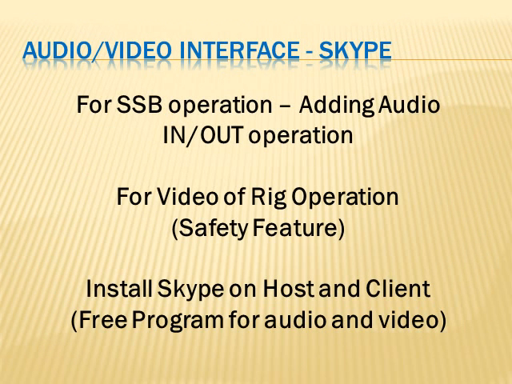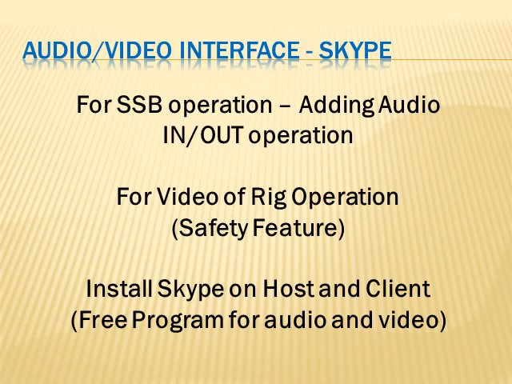So far we've been talking about digital modes and CW modes of operation, but what if I want to operate voice from the remote location? For single sideband operation, we need to add audio, which is not supported in the other software programs, so we need to run a different program to do that.